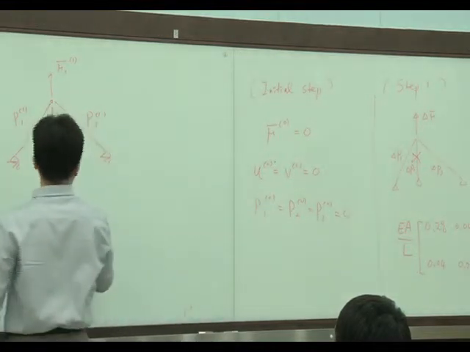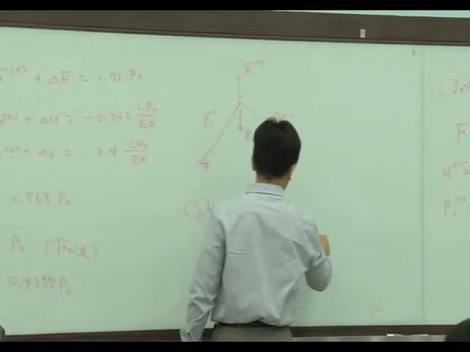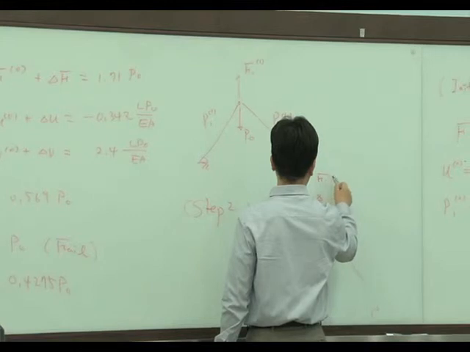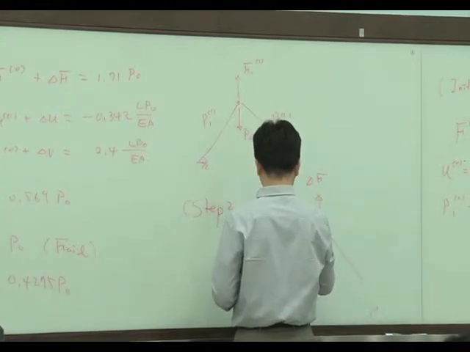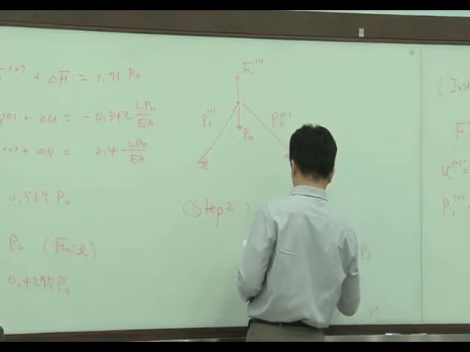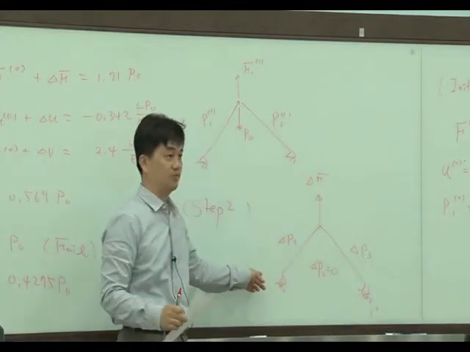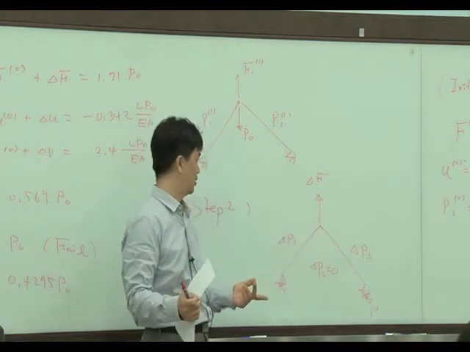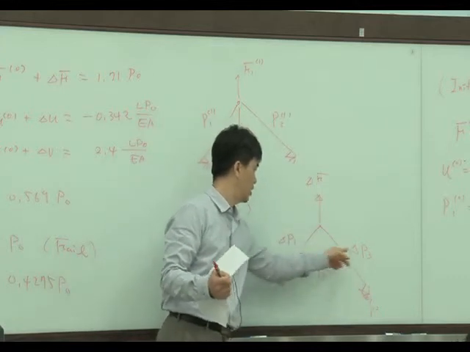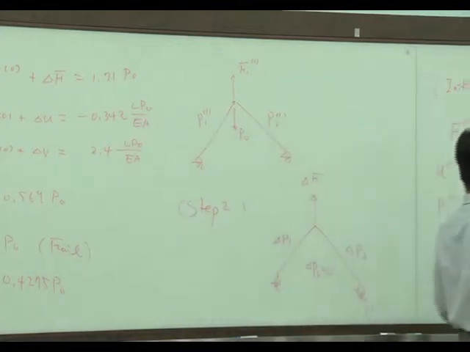So at step 2, we need to analyze delta F, delta P1, delta P3, and delta P2 equals 0. We need to analyze this system. Here we have only two members, so the incremental force delta F that is applied can be supported by only two members, and delta P2 should be 0.